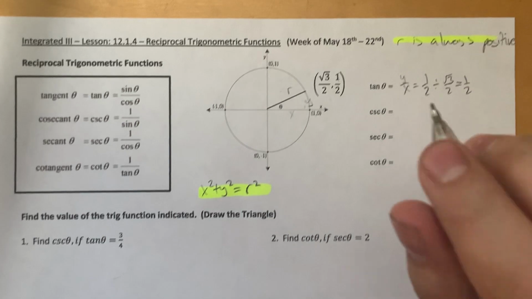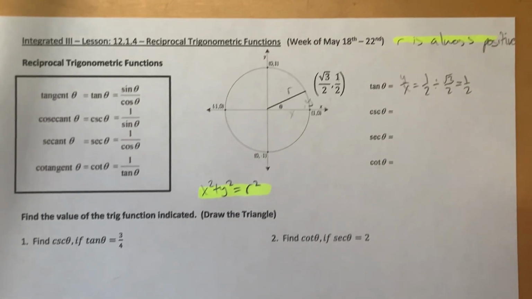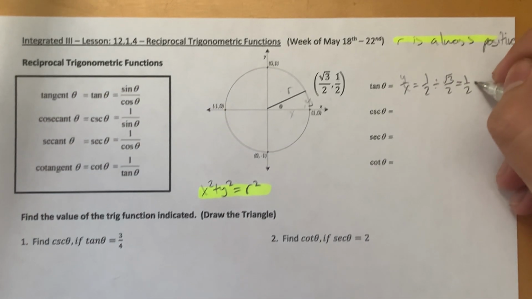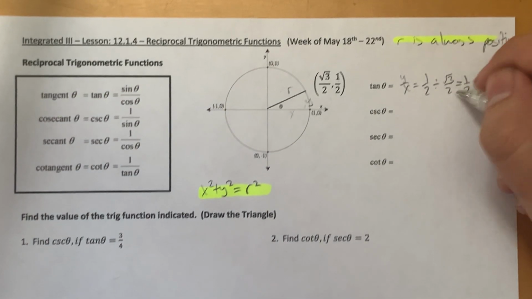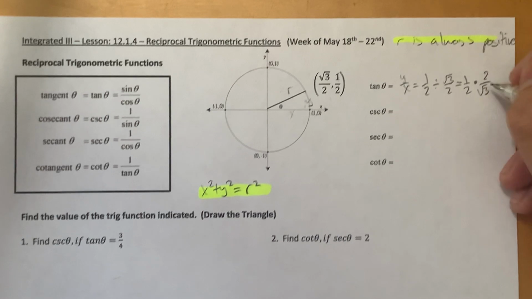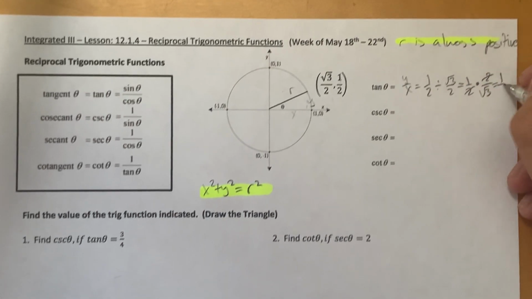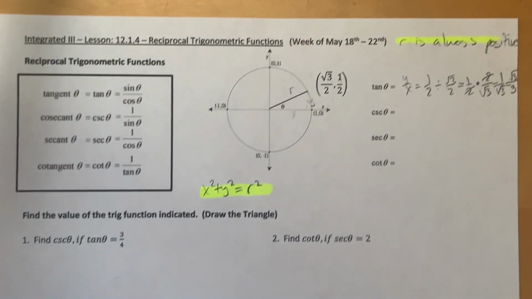I don't know if you guys remember that, I used that growing up. Then we multiply and flip it, 2 over √3. So the 2's cancel and you get 1 over √3, which equals √3 over 3, because we multiply the top and bottom by √3.